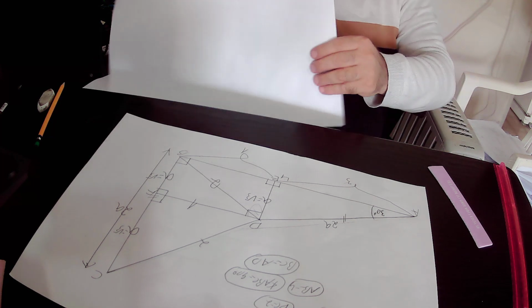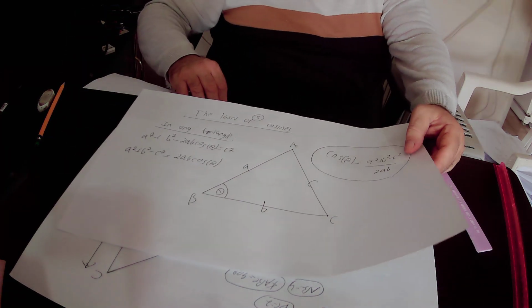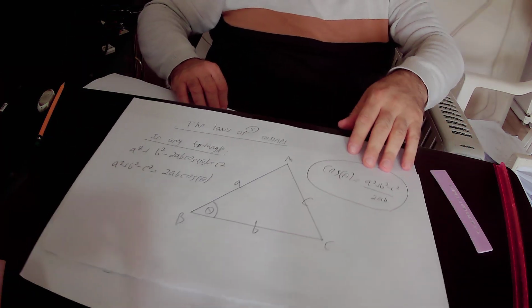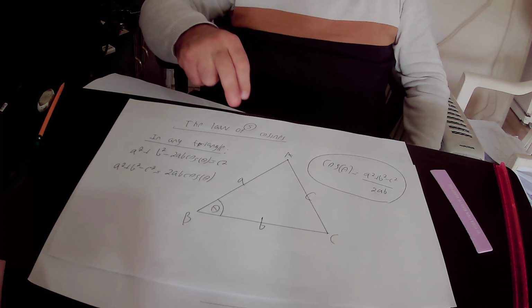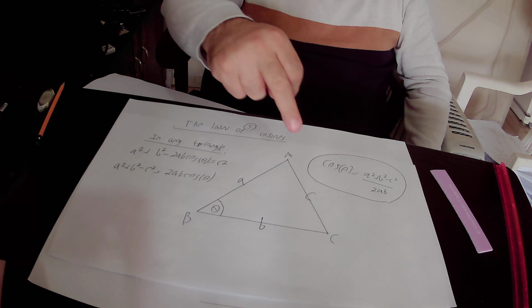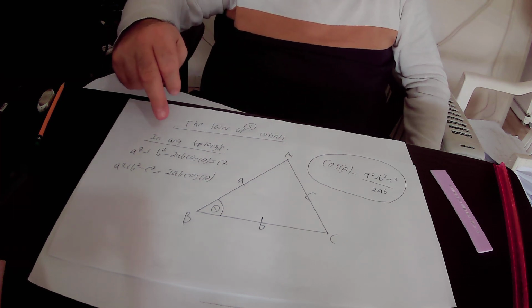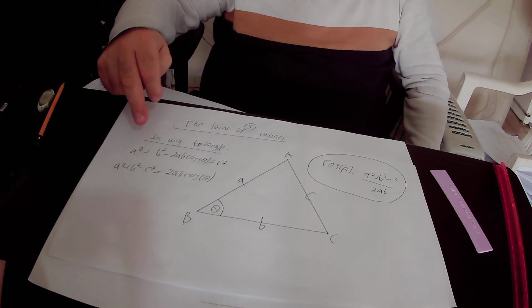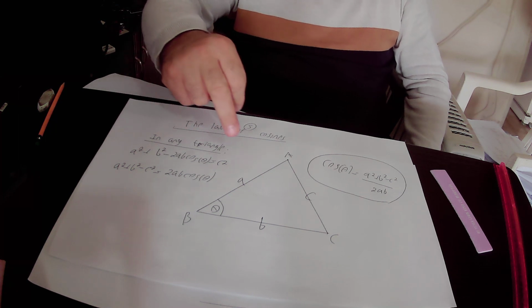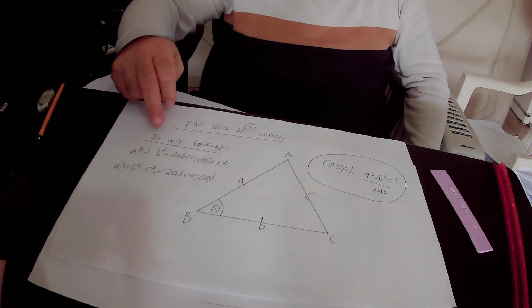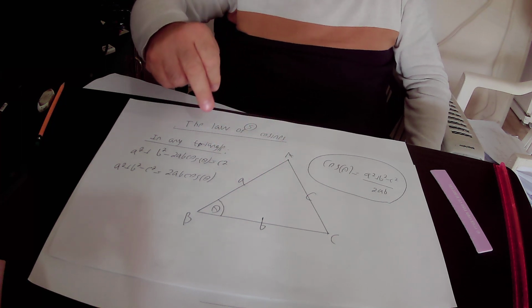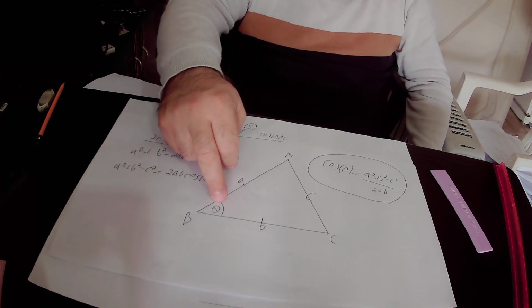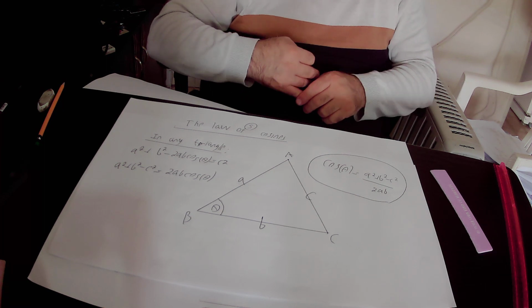Then I presented to you the law of cosines in any triangle. A squared plus B squared minus 2 times AB cosine theta equals C squared.